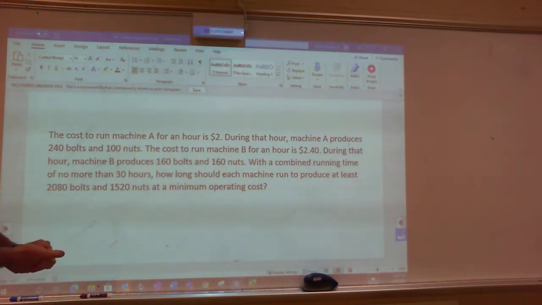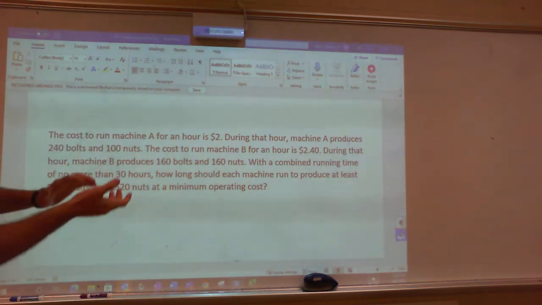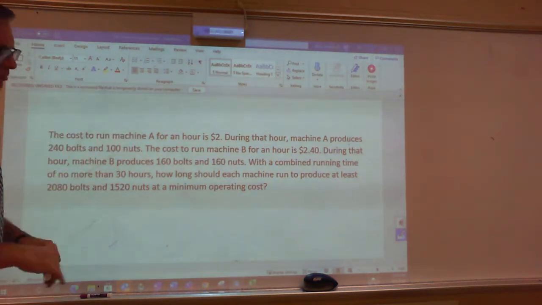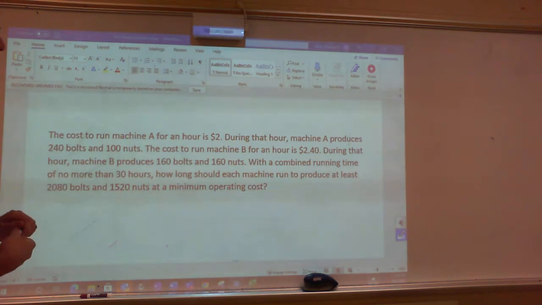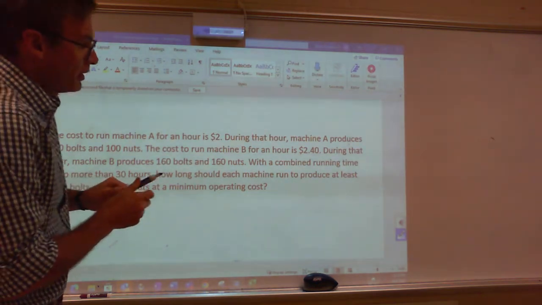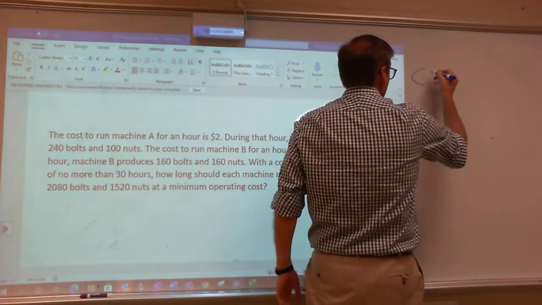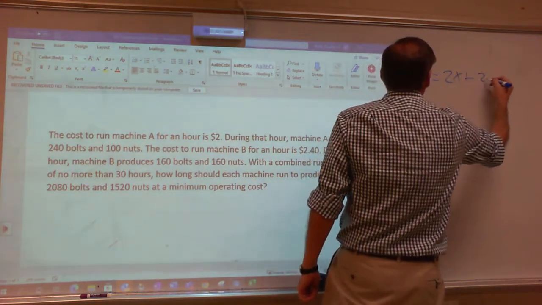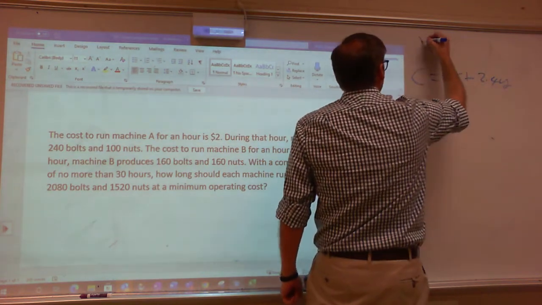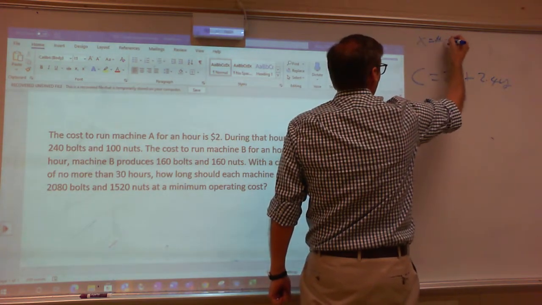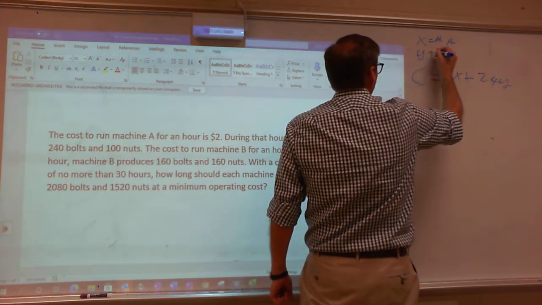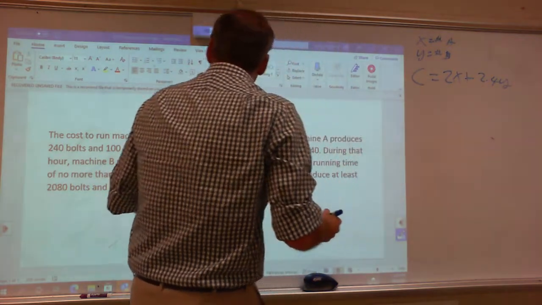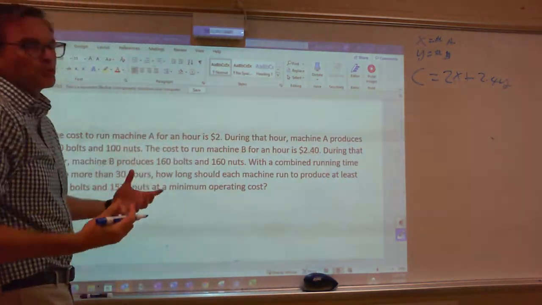So we talk about the cost to run machine A and the cost to run machine B. And we spent a fair amount of time on Friday talking about the translation. We're trying to minimize operating costs, so I end up with C equals 2x plus 2.4y, where x is the number of hours of machine A, and y is the number of hours of machine B. And we've got 3 restrictions in this problem.